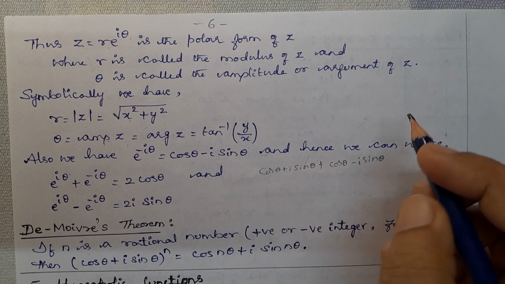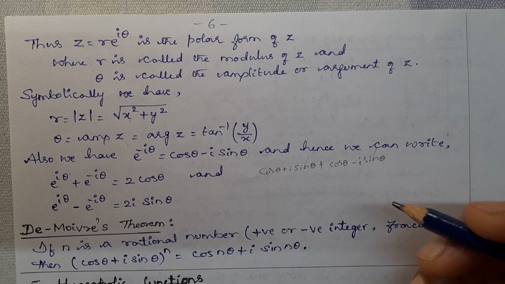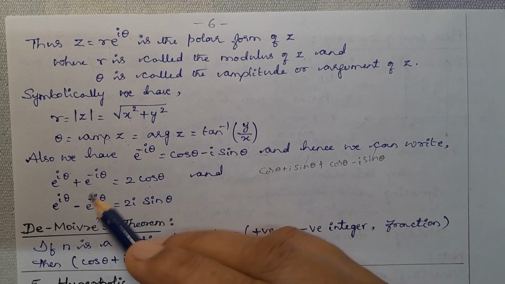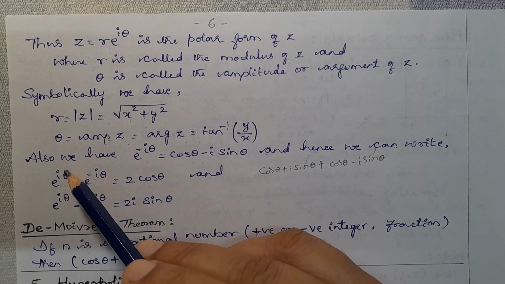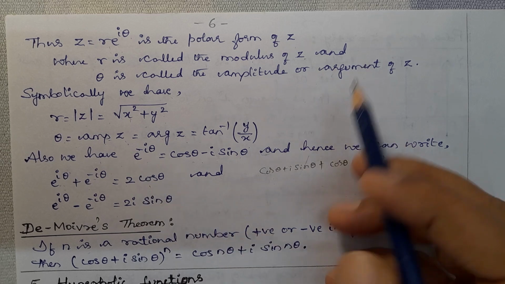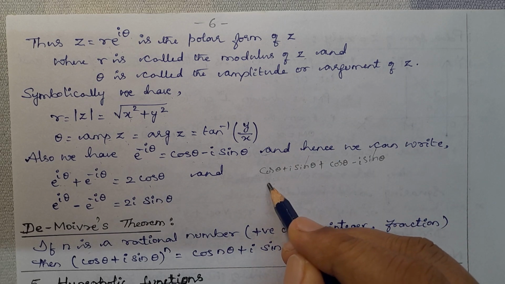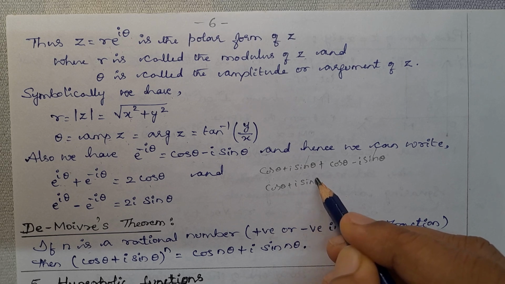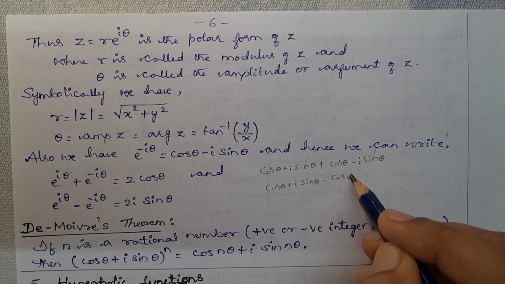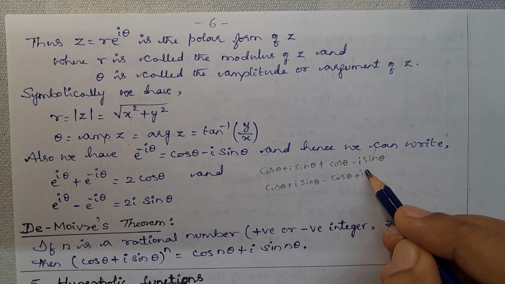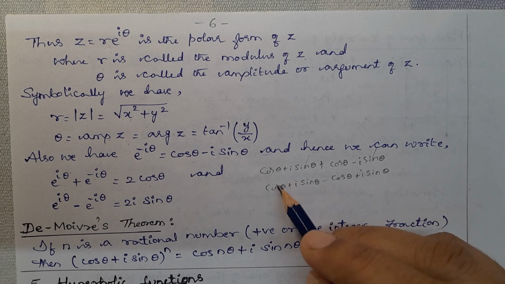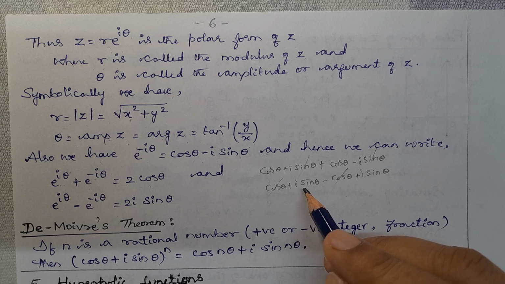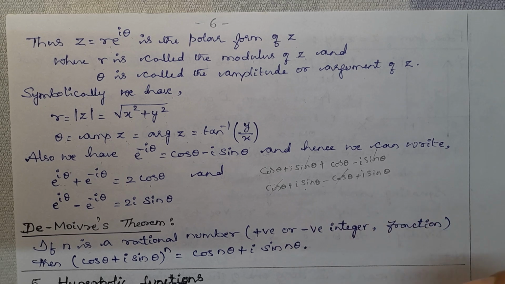So plus i sin theta and minus i sin theta get cancelled: 2 cos theta. When we subtract these two, e power of i theta minus e power of minus i theta, cos theta plus i sin theta minus cos theta plus i sin theta. So cos theta minus cos theta get cancelled: 2i sin theta.